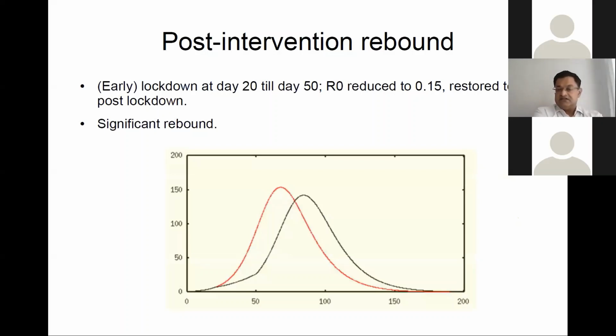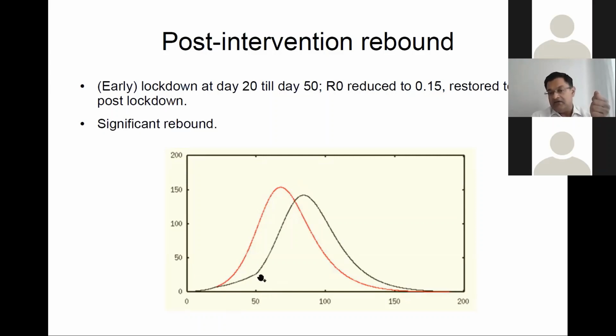This is something called post-intervention rebound. Let's say you lock down for a few days and then you release the lockdown. So this is a simulation in which the red curve shows what would have happened had there been no control measures exercised on the R0. The black curve is an early lockdown at 20 days. By early lockdown, I mean the moment a few cases have appeared, you lock down.